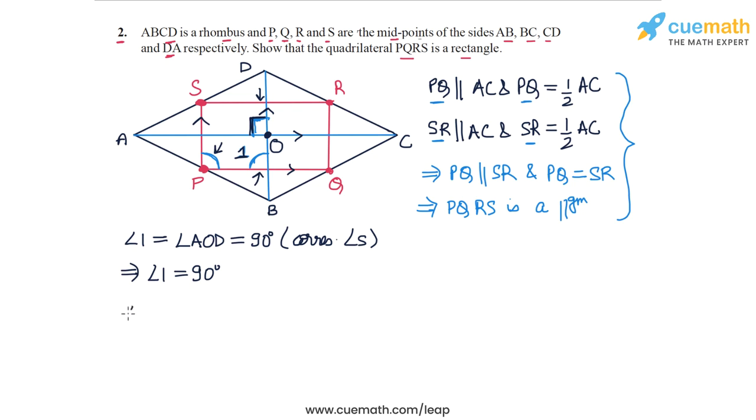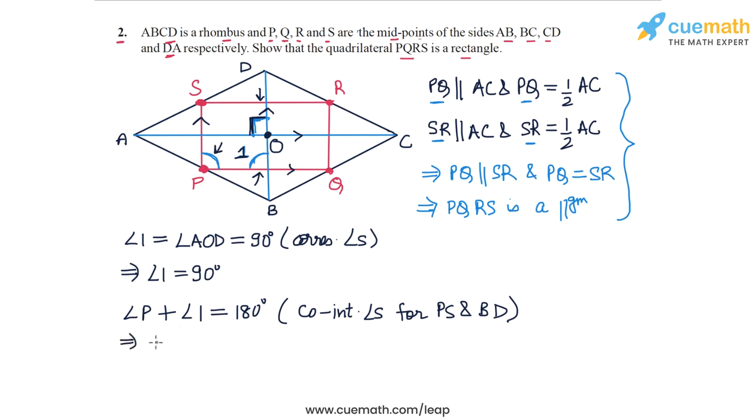This means that angle P plus angle 1 will be equal to 180 degrees, because this is a pair of co-interior angles on the parallels PS and BD. Make sure that you understand this step properly. So angle P is 180 degrees minus angle 1, and angle 1 is 90 degrees. So angle P is 180 minus 90, or 90.